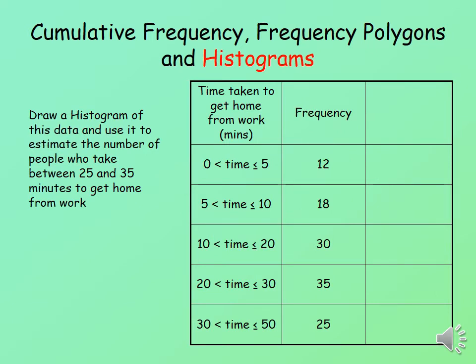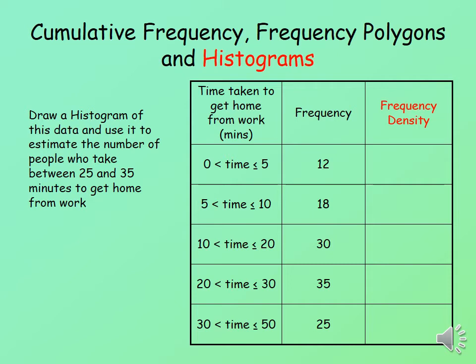Okay, so cumulative, so we're going to draw a histogram of this data and use it to estimate the number of people who take between 25 and 35 minutes to get home. Okay, hopefully you can remember the formula, and once you've done that you can work out the frequency density.